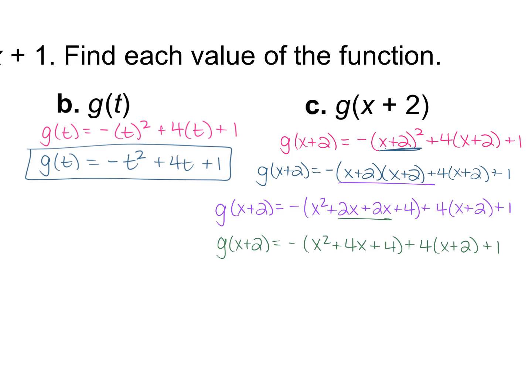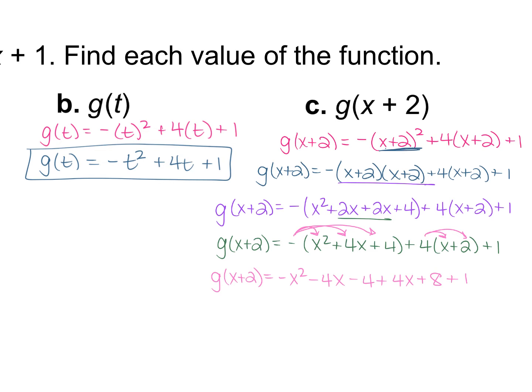Next, we're going to distribute that negative into the x squared plus 4x plus 4. We're also going to distribute the 4 into the x plus 2. So this is going to give us g of x plus 2 is equal to negative x squared minus 4x minus 4 plus 4 times x is 4x, 4 times 2 is 8, plus 1.